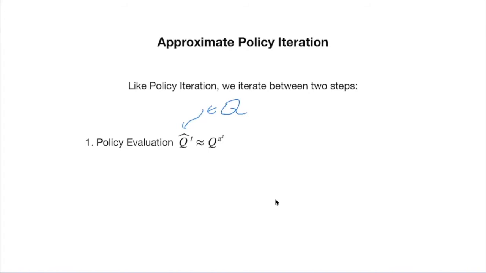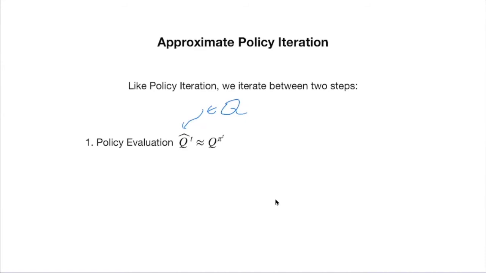Think about policy iteration: every iteration we have a policy, we run this matrix inverse or whatever to compute Q pi t, if we know the transition operator P and R, if the problem is discrete with a small number of states. But here, we are facing unknown transition and reward, and we are facing a large scale MDP.